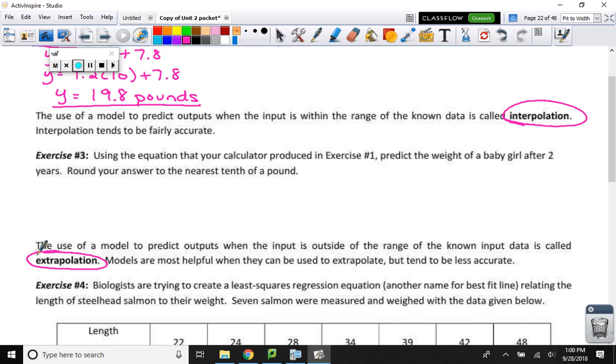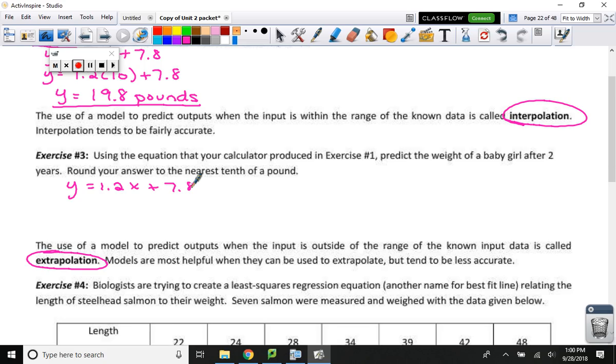Extrapolation means that you are making a prediction using numbers that are outside of your data range, and interpolation means you are within your data range. So let's see, number 3. Using the equation that your calculator produced, same equation we used before, y equals 1.2x plus 7.8.